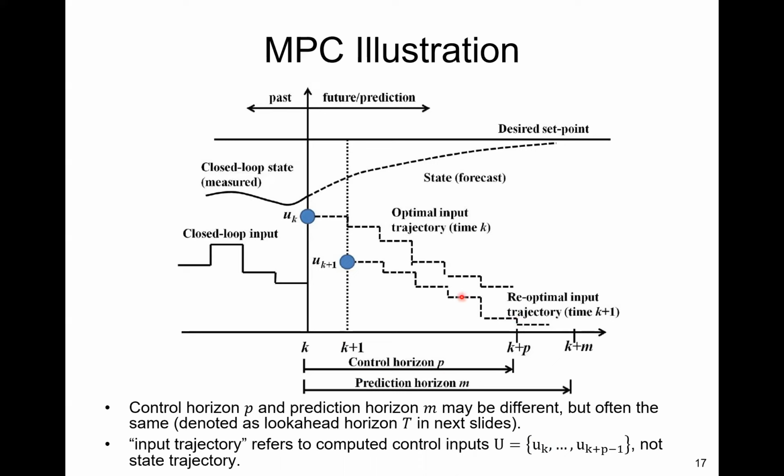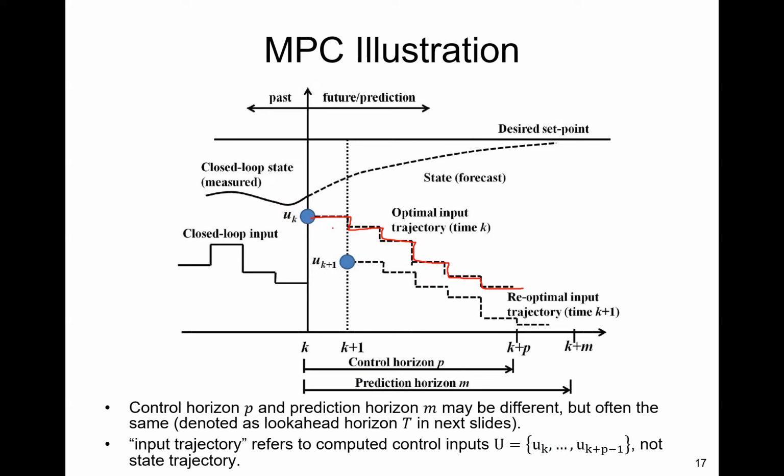The control inputs U_K to U_(K+P-1) are the dotted line in here. So you compute a series of control inputs, one for each of the future P time steps.